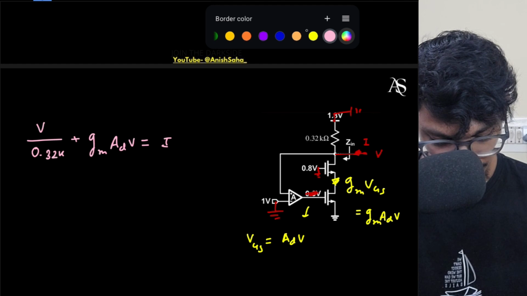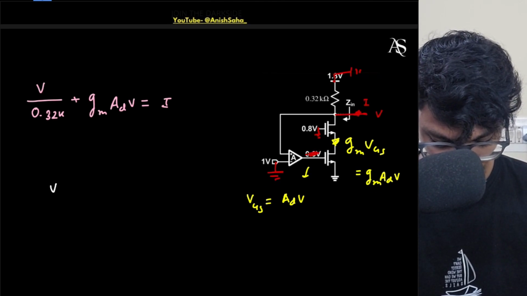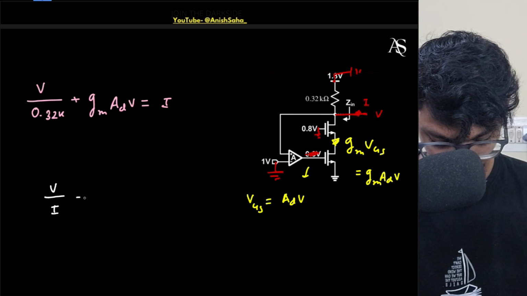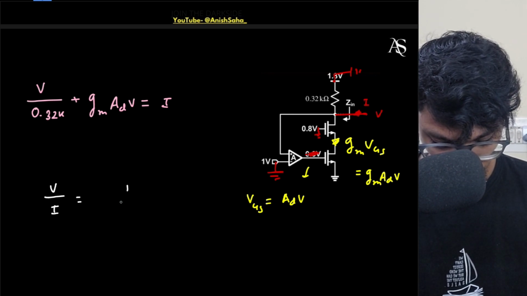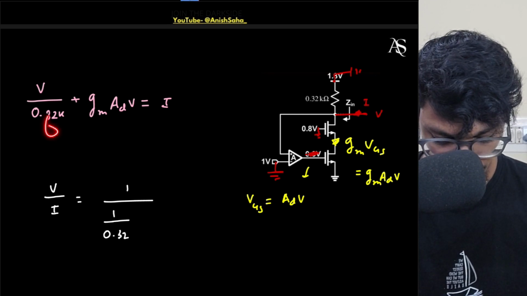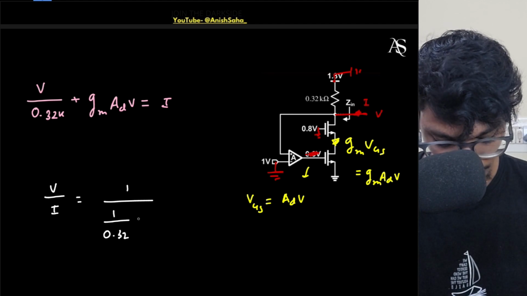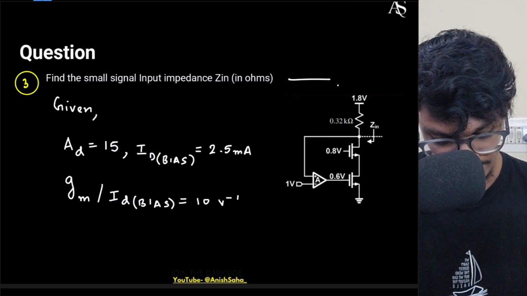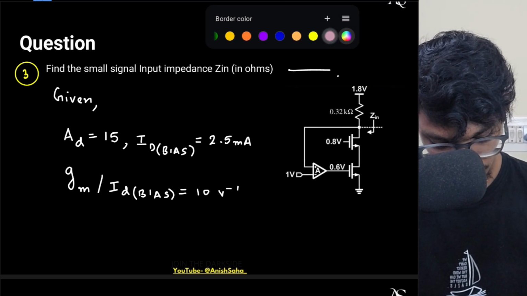So from here I will get my V by I ratio. So what will be my V by I ratio? V by I will be simply 1 divided by 1.32, as this is in kilo and this is in milliampere, so I will write everything in the same units. This will be GM times AD. GM, from here I can find out my GM value.